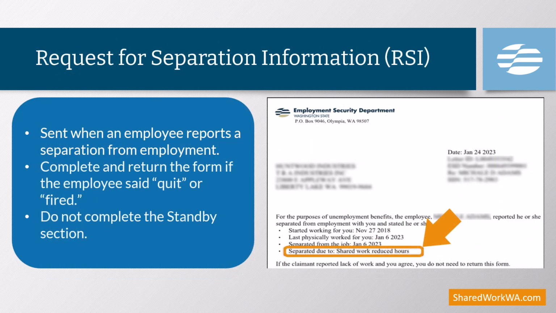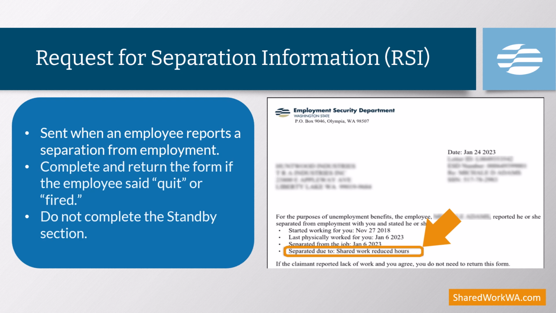When an employee applies for unemployment benefits, the employer typically receives a request for separation information. This is an automated letter that notifies the employer when employees apply for or restart their unemployment claims. During the claim process, employees are asked why they are separated from work.